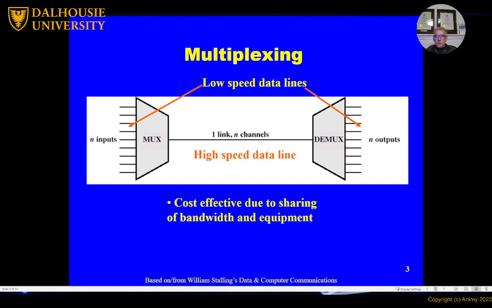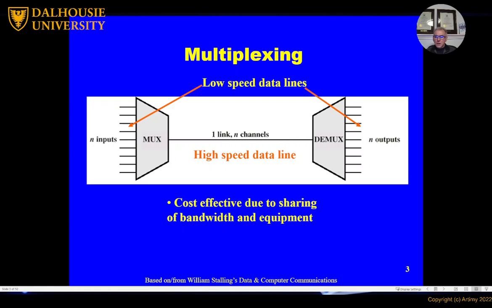So now multiplexing is one of these ideas that is used widely in today's networks. In all kinds of networks we are doing some sort of multiplexing, right? We call it different names sometimes, or sometimes it's not clear, but we are doing multiplexing.